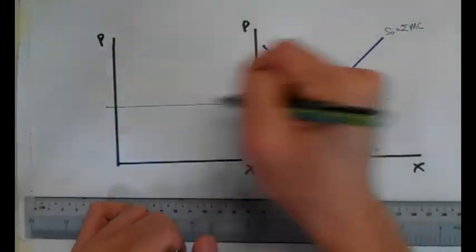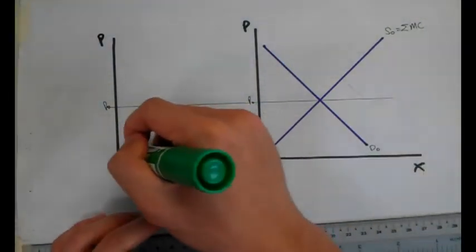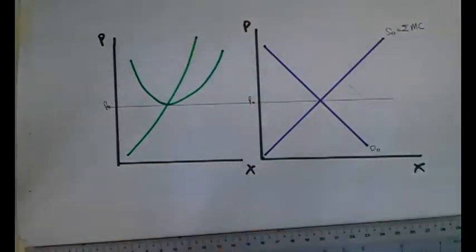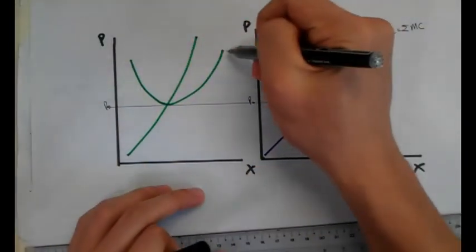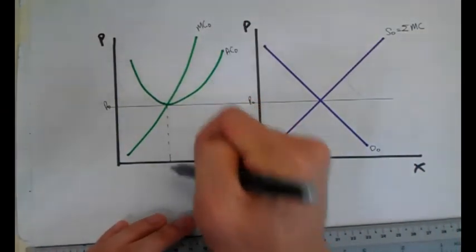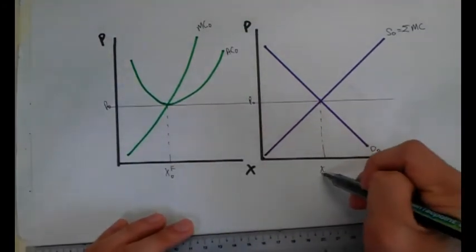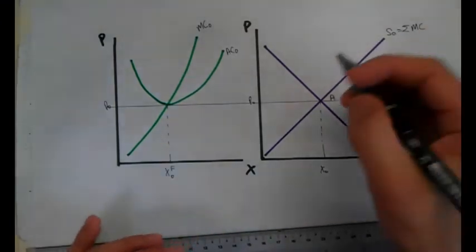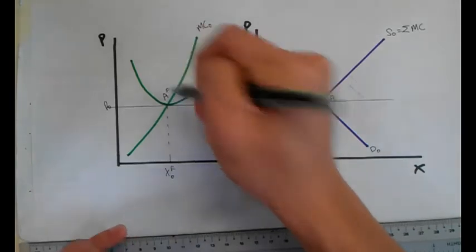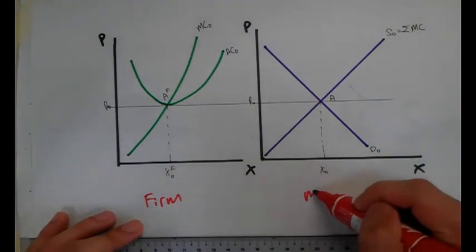This is P0, and this is my firm. Let me do some labeling. So this is the firm, this is the market.